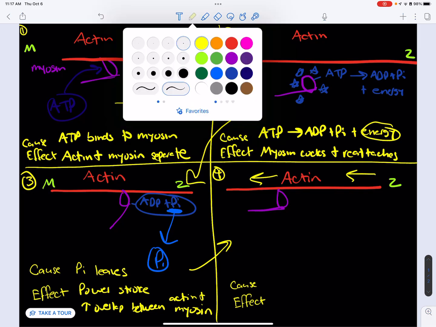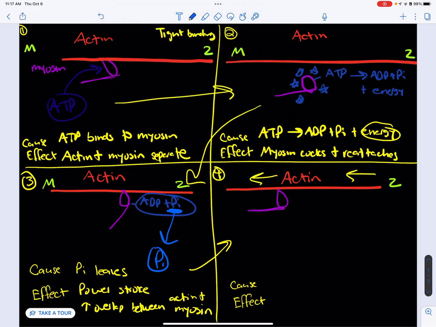When this is all going on, we've still got an ADP attached. Then the next thing that happens is that this ADP just moves out here, so we've just got a lone ADP. Ultimately, we go back to the first step.